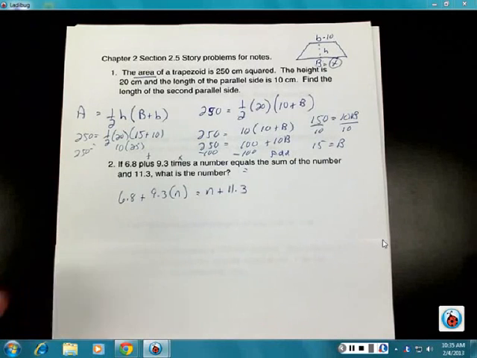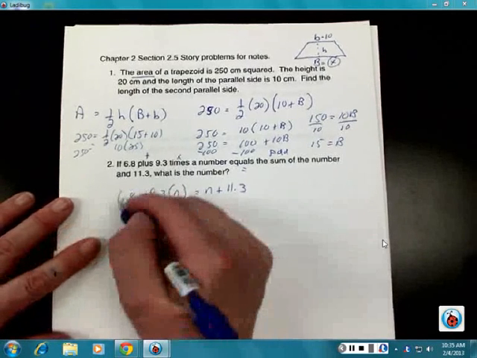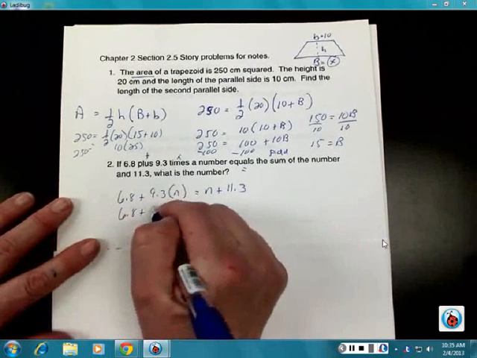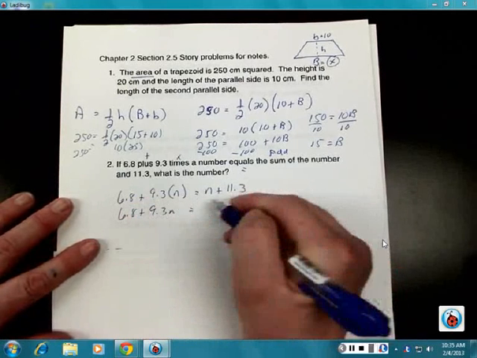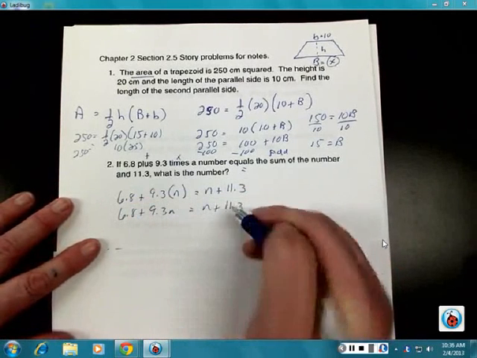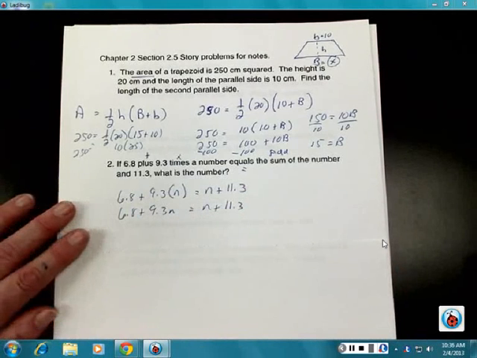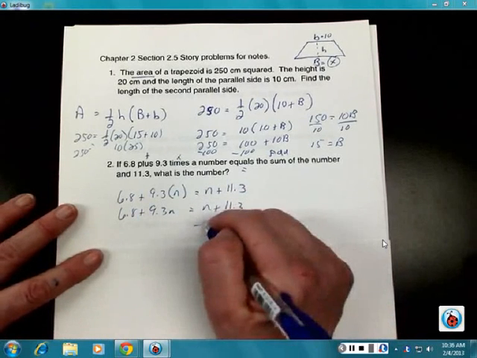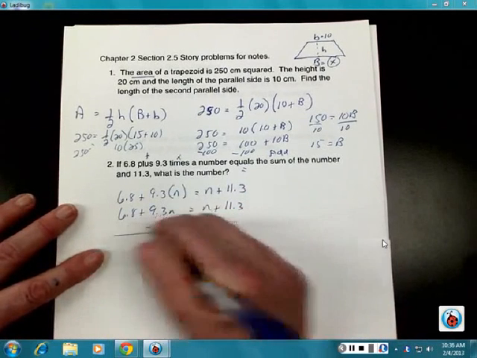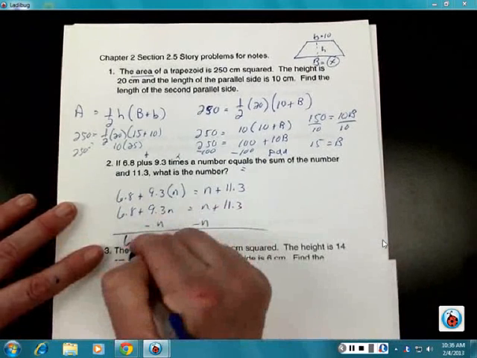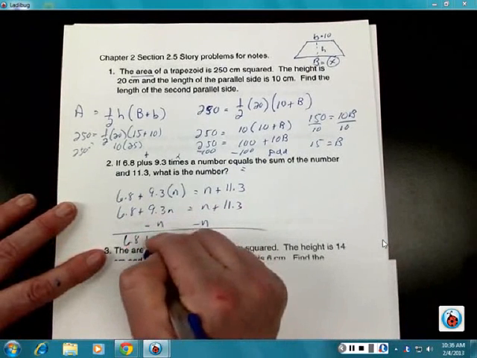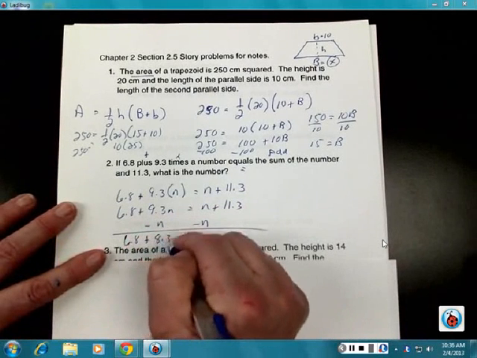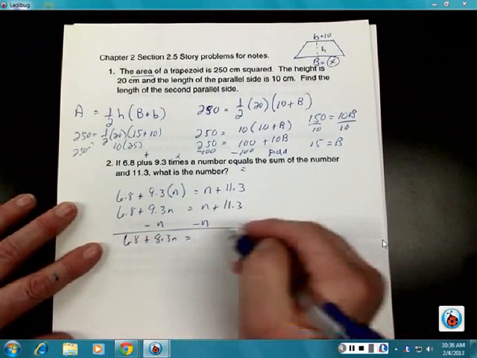So what happens with this? What do I end up with? 6.8 plus 9.3n is equal to n plus 11.3. Okay. Move who? The n, one n. So minus an n. That leaves me with 6.8 plus 8.3n is equal to 11.3.